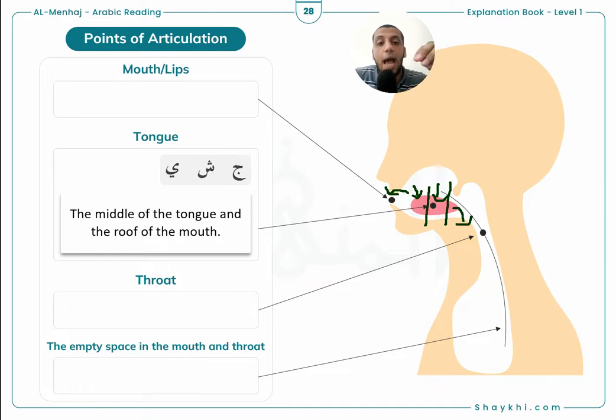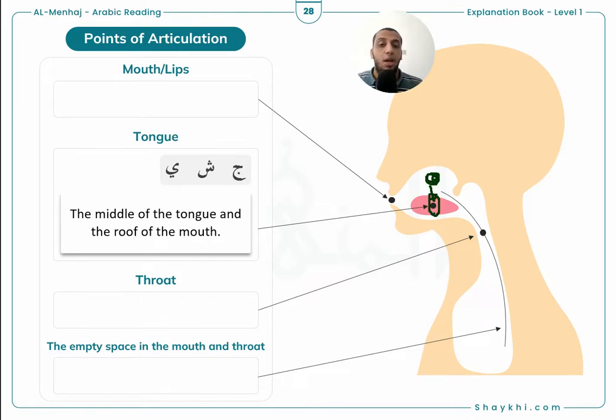In our discussion today, we will use the middle part of the tongue with the roof of the mouth. The roof of the mouth is what lies opposite to the middle of the tongue.